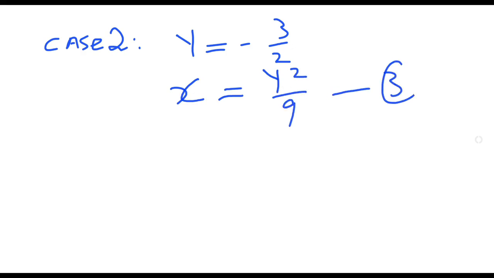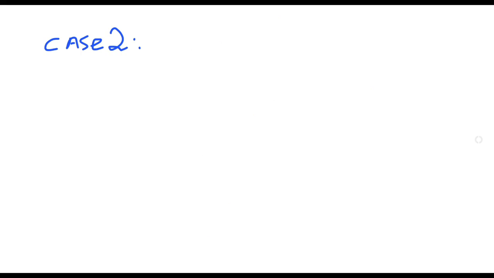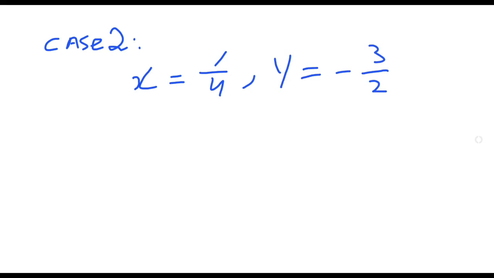Remember, this is your number 3. Now x is equal to negative 3/2 squared over 9. I use my calculator. The answer is 1/4. So x is equal to 1/4 and y is equal to negative 3/2.